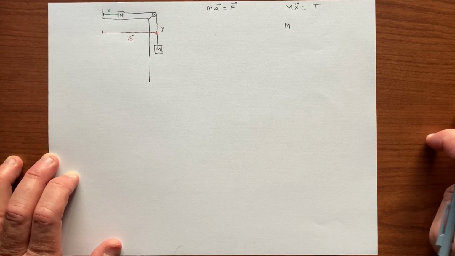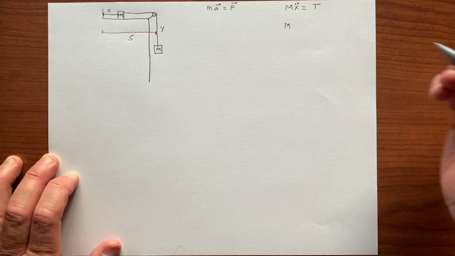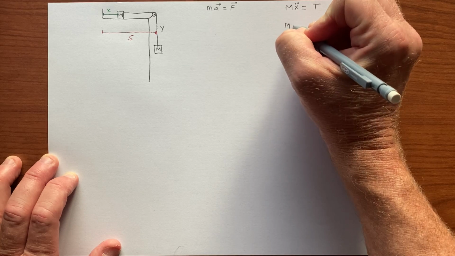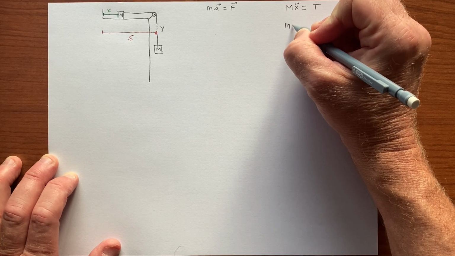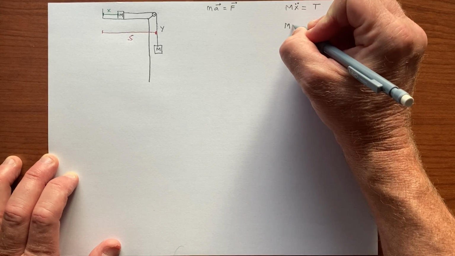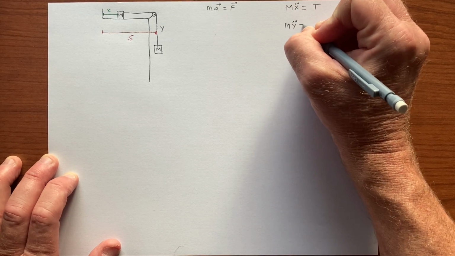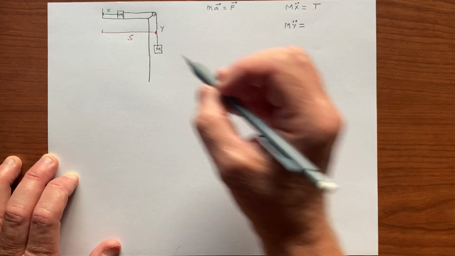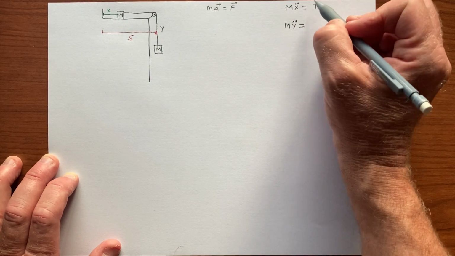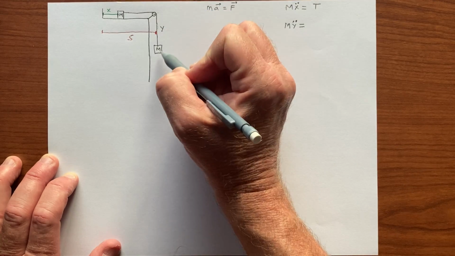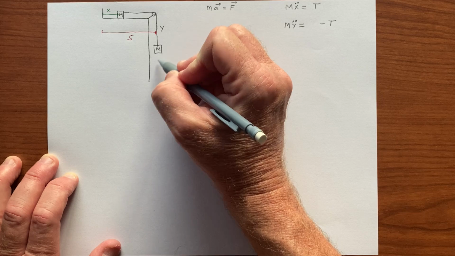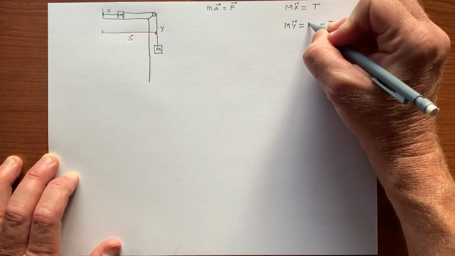But we have m y double dot. There's a tension upwards here, which is given that the tension is positive on this one, then on this one it would have to be negative. So we have minus tension here, and we have the gravitational force on this one, which would be mg.